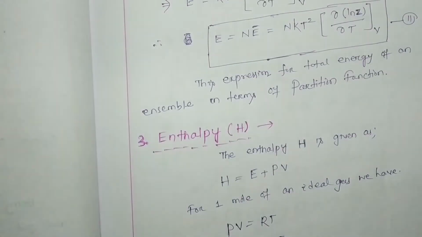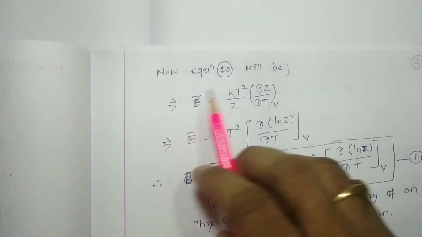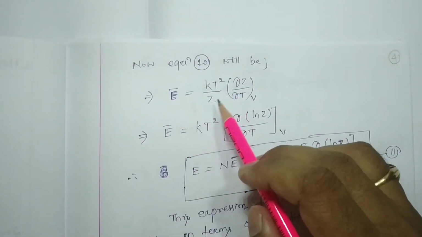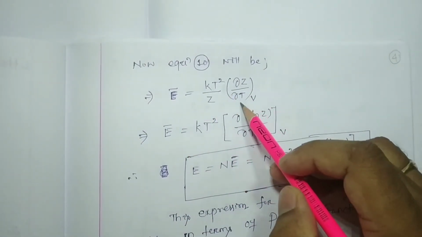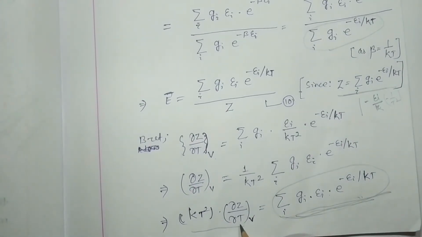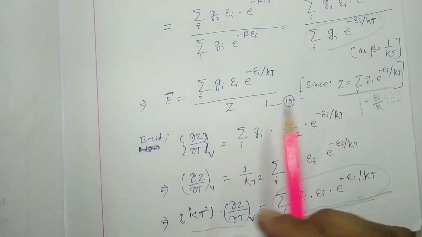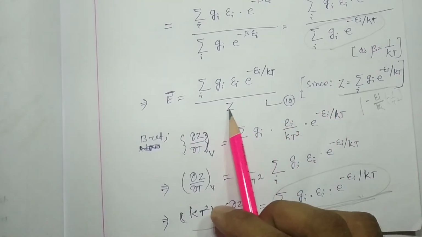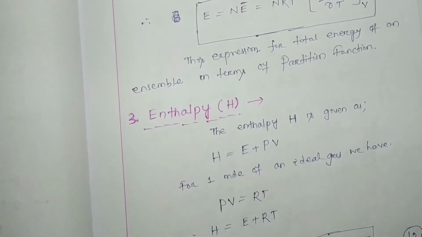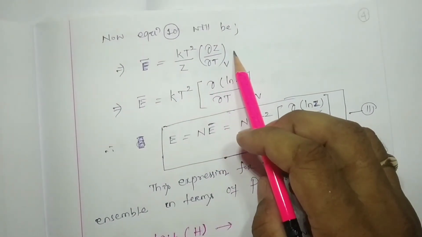Now equation number 10 will be E average equals kT square by z, del z by del t at constant v. Already z is here at the denominator, so equation number 10 is modified as this one.